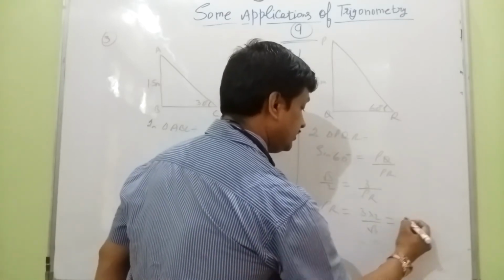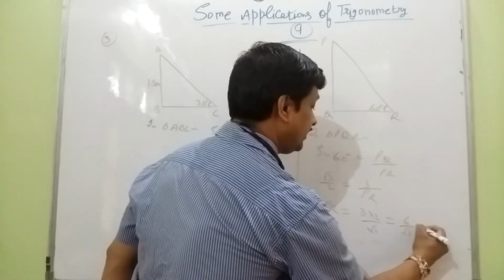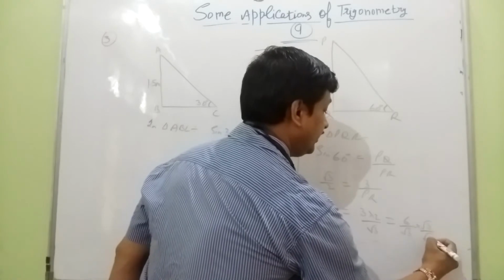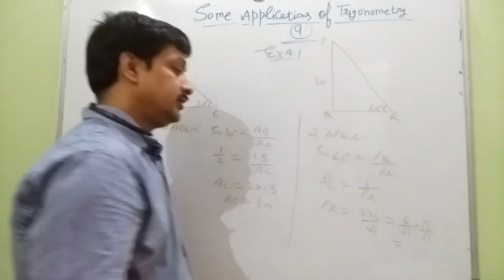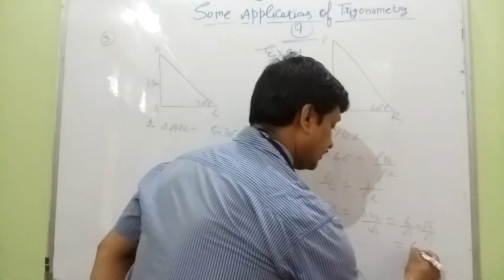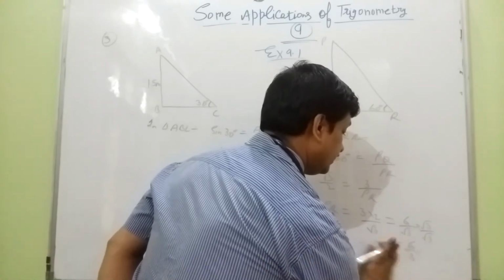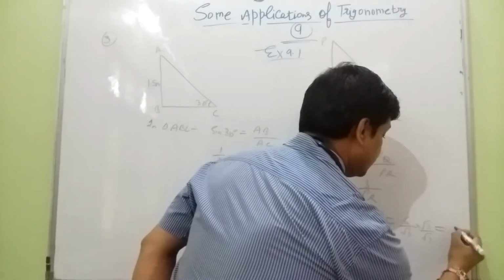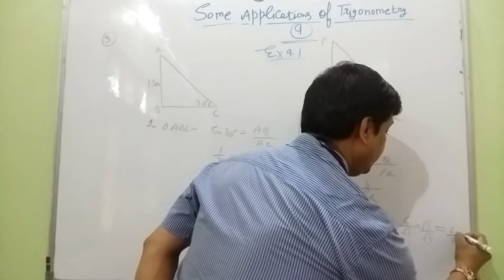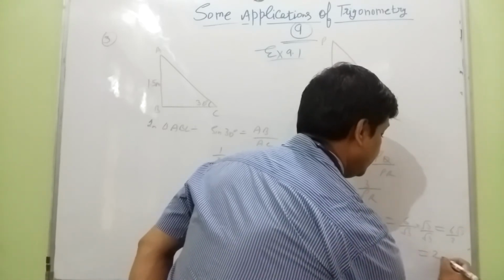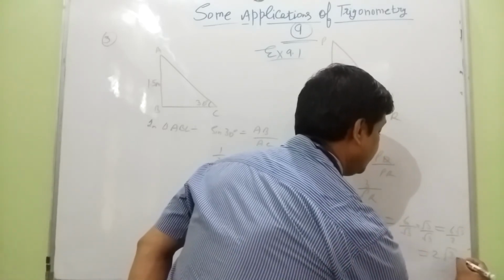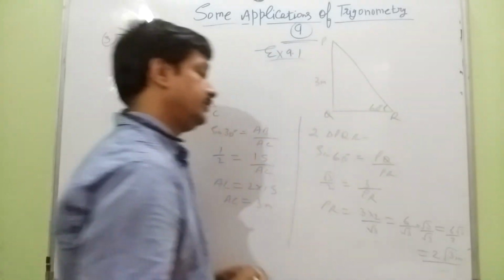So you just rationalize it by multiplying the numerator and denominator by root 3. So you will get 6 upon 3 root 3. So by reducing the terms you will get finally 2 root 3 meter.